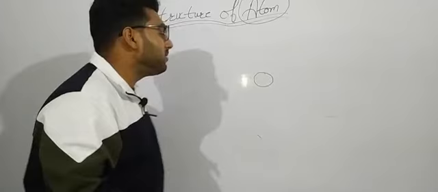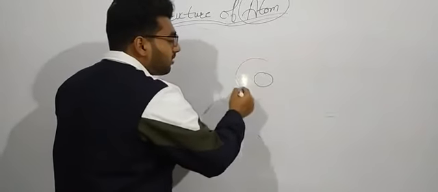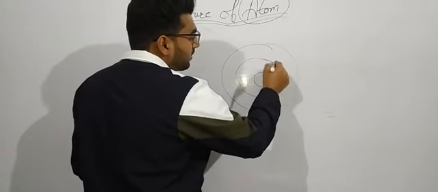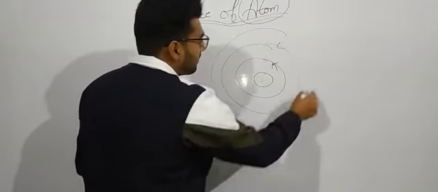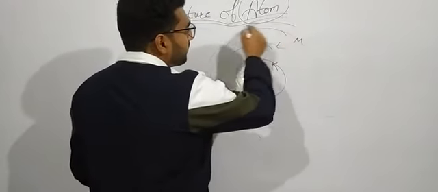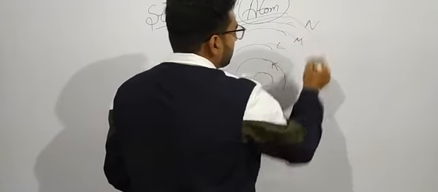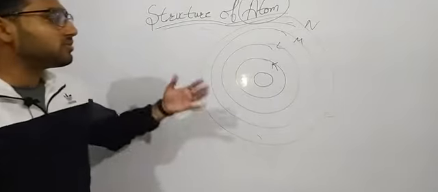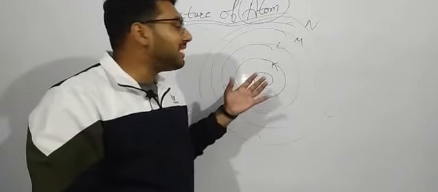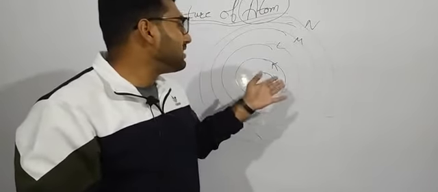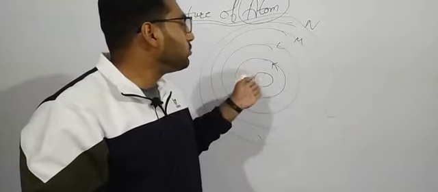So he named those orbits K, L, M and N. He introduced these orbits, and in these orbits electrons were not radiating energy and they are not falling into the nucleus.